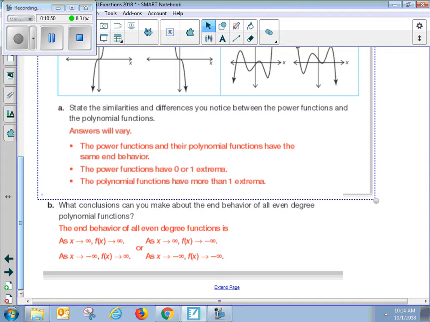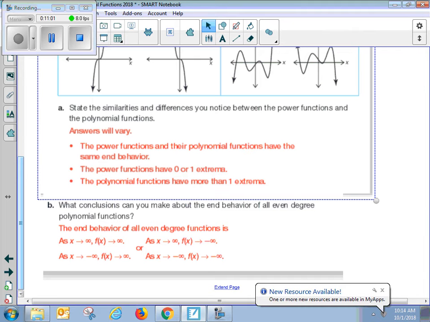When a is positive, I'm thinking this. As x goes to infinity, so does f of x. As x goes to negative infinity to the left, f of x goes up to infinity. And then I wrote to you what happens if it's heading down. But by now, you guys should be amazing at that, so you can get that right on the test. Question on end behavior? Okay.